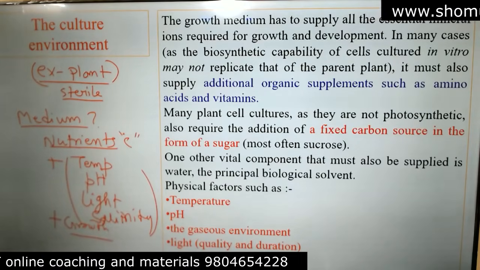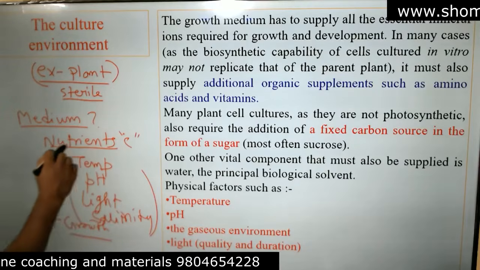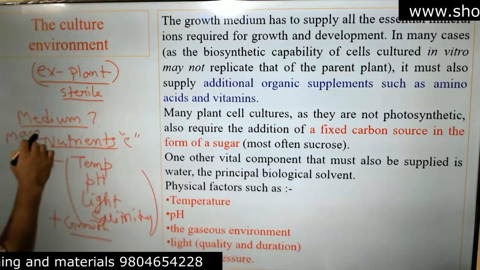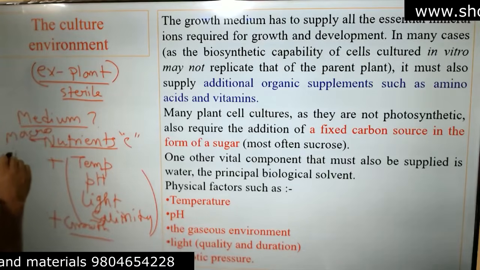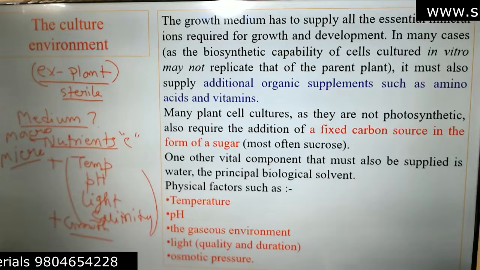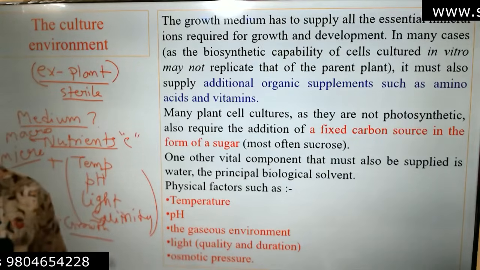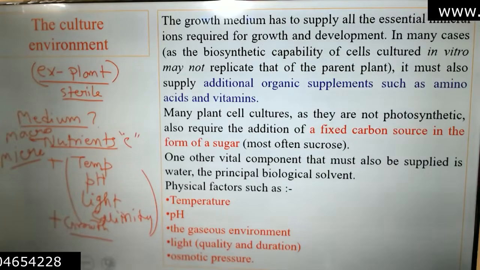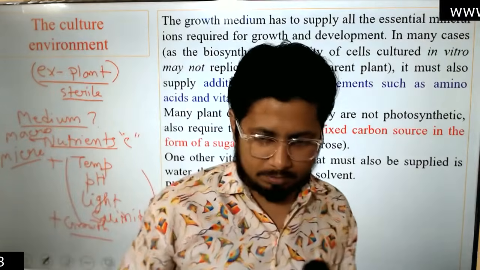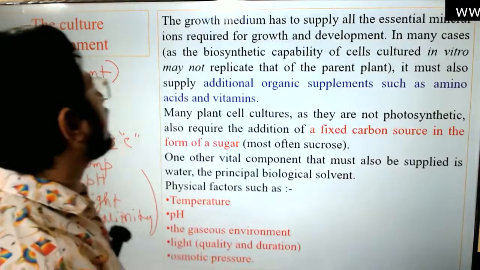Growth regulators, auxin. And among nutrients, we have macronutrients and we have micronutrients, right? We'll see different types of nutrients that are used. One is the carbon energy source, that is the carbon source, sugar. But apart from sugar, there are also other nutrients necessary for a plant's growth. We'll see that in a moment.